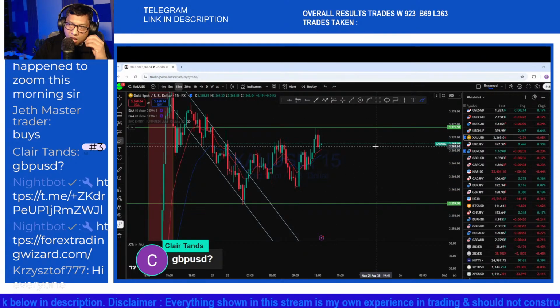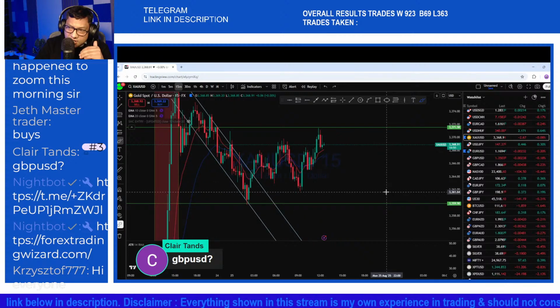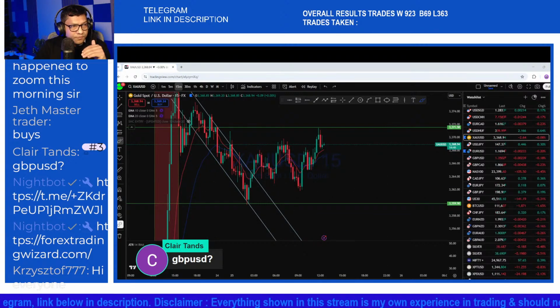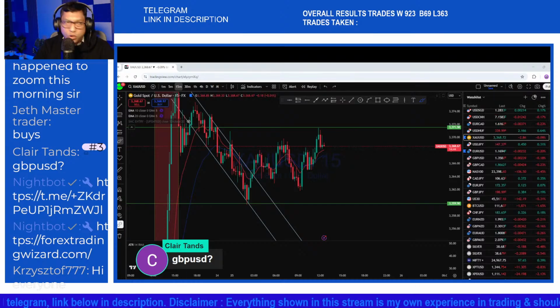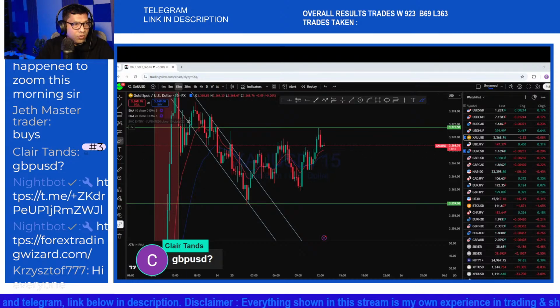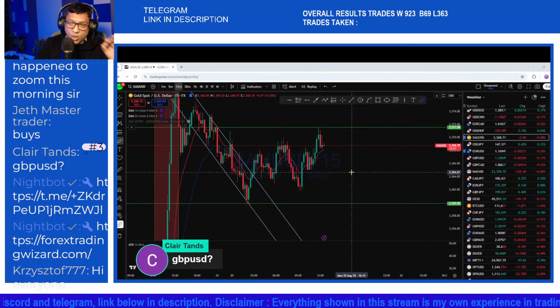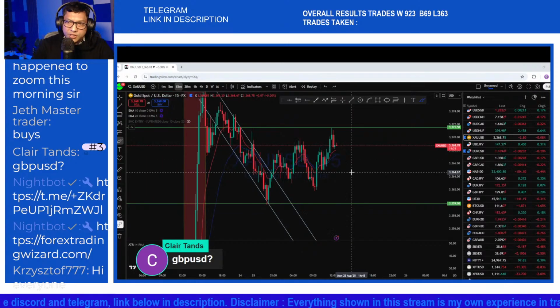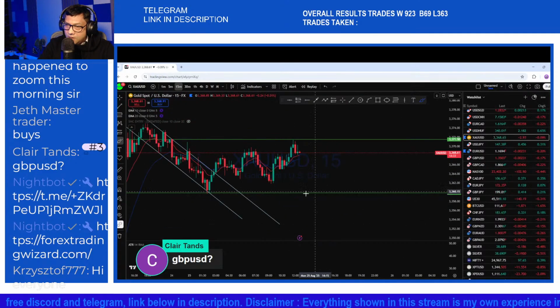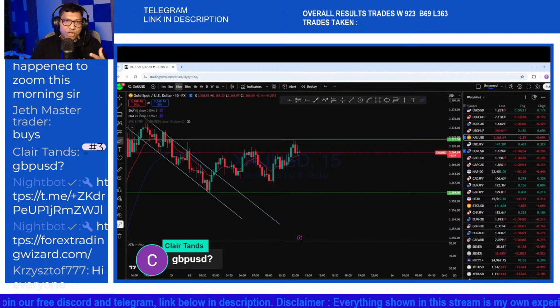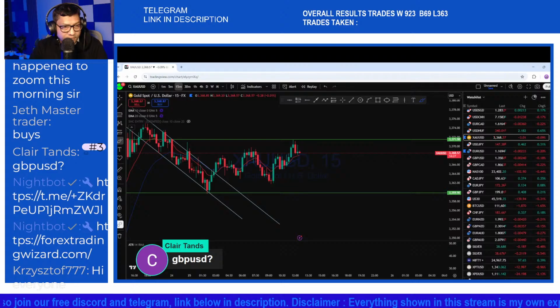So our aim here is to enter from the most important area of value. Because when we are entering from the most important area of value, that's where high probability trades are, because trading is all about probability.